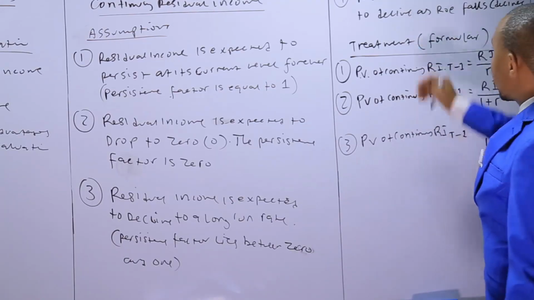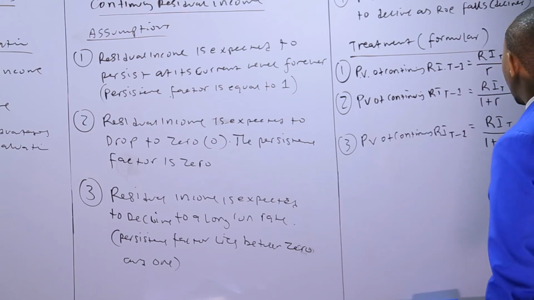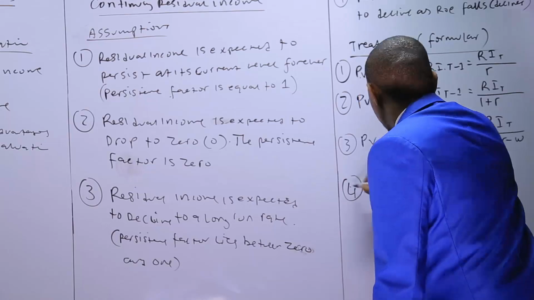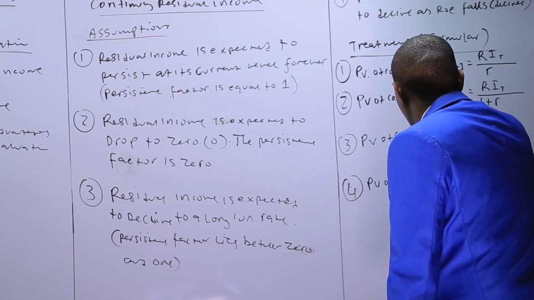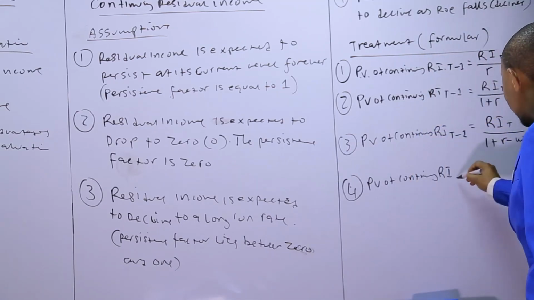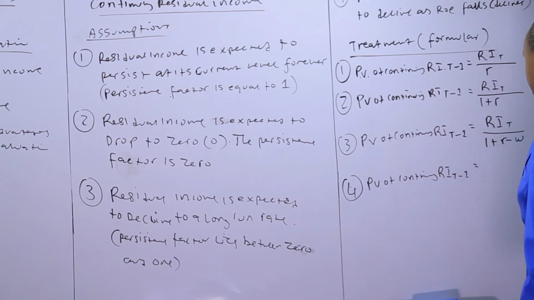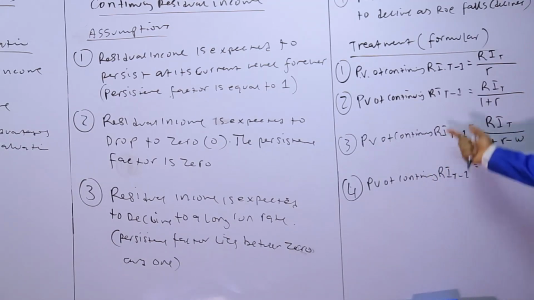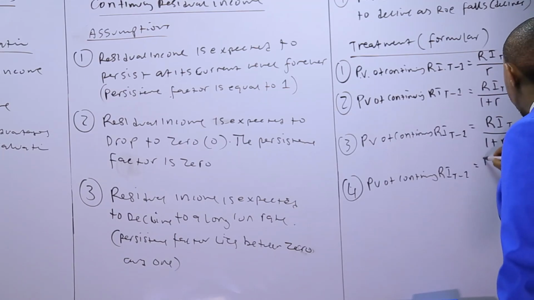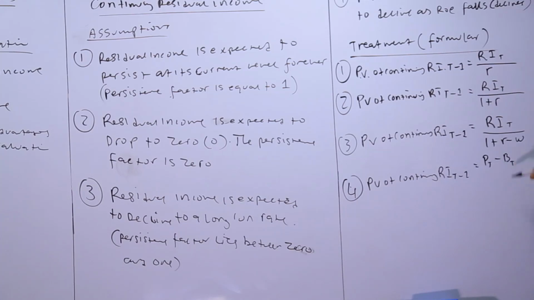Now, moving on to the fourth assumption, we are saying that residual income is expected to decline as ROE falls. So for assumption number 4, the present value of continuing residual income at time t minus 1, we first of all need to compute. This present value, which is expected to decline as ROE falls, has PT minus BT, the market price minus the book value.